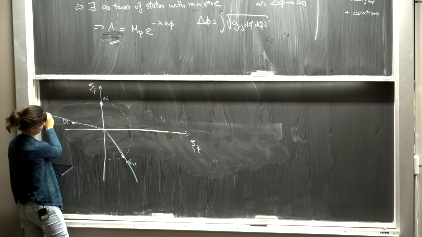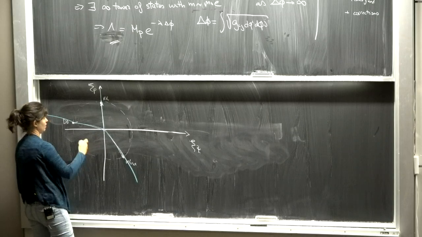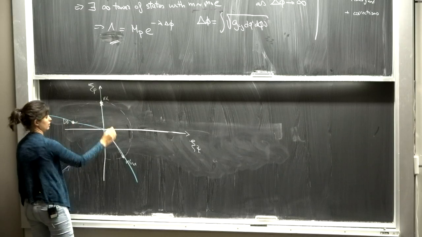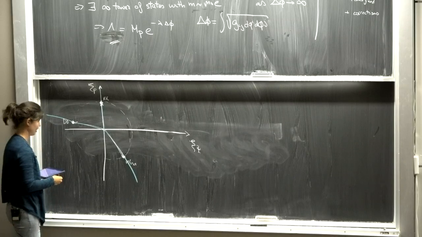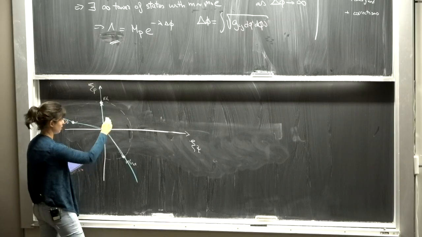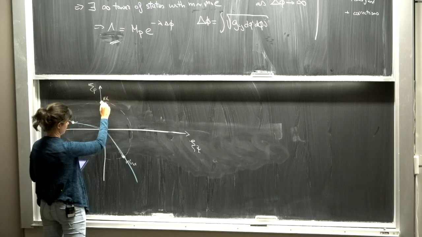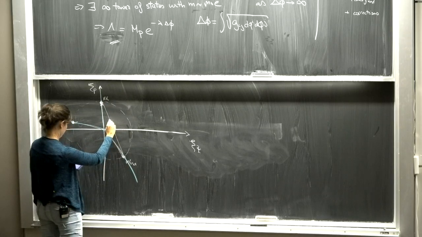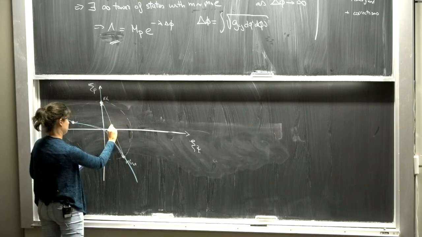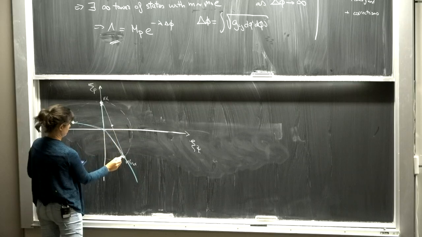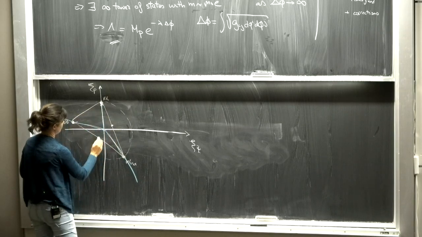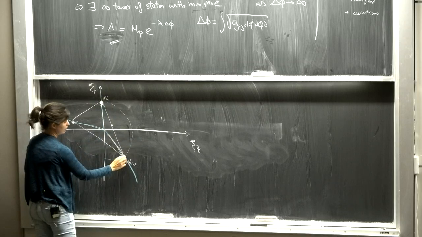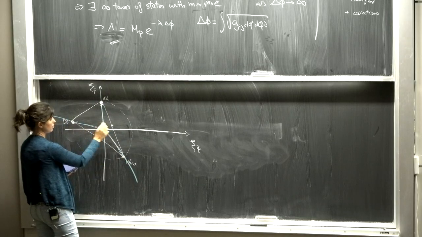So one vector is here, here, and here. And here I'm missing the string tower, sorry. So the string tower is somewhere here. So this is the KK, this is the winding, this is the D0, and this is the string.